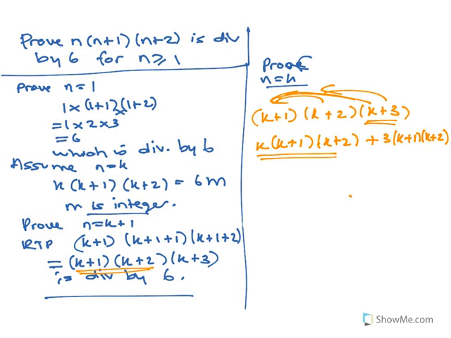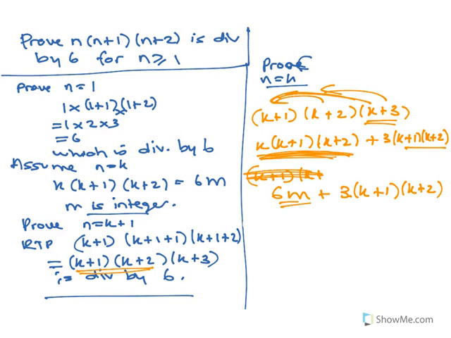Okay, so they expand that when you get that, and then the common factor is (k plus 1)(k plus 2), so this here is equal to 6m, which is divisible by 6. Now this one here, you've got the 3 there.